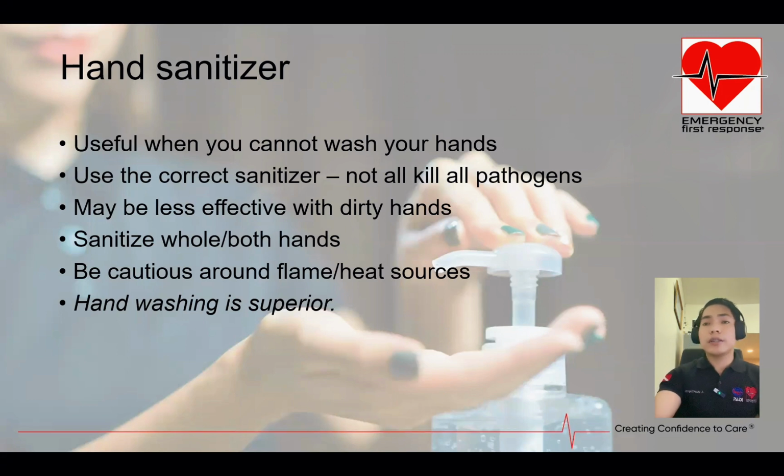For example, for COVID-19, the recommendation is hand sanitizer with at least 60% ethanol or 70% isopropyl alcohol. However, some norovirus and bacteria tolerate alcohol, and hand sanitizer is ineffective or less effective.